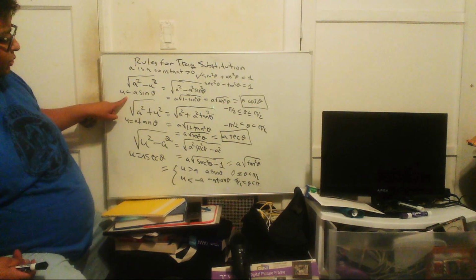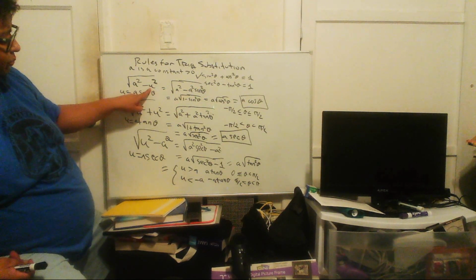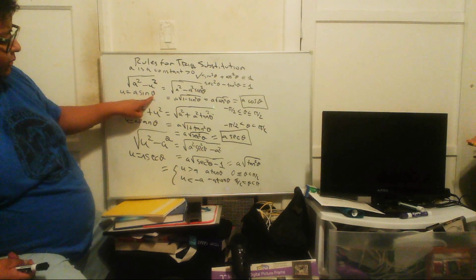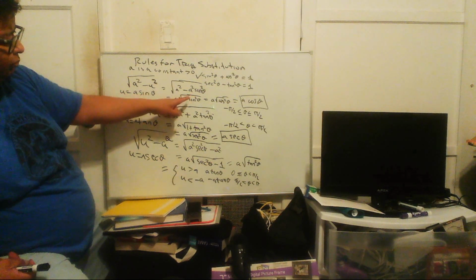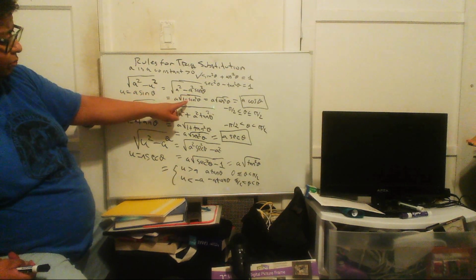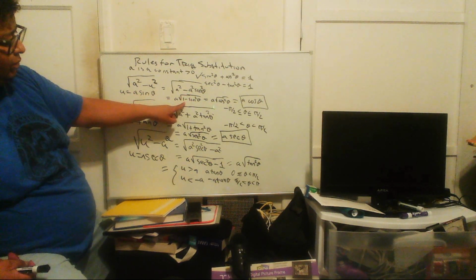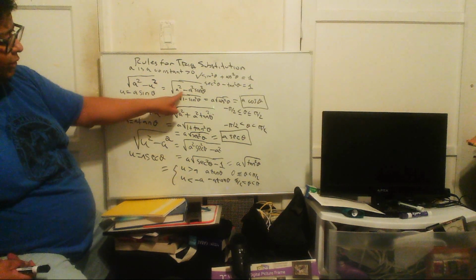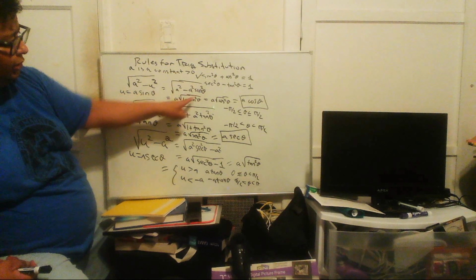So what you do is you let u equal a sine theta, then you plug it in for u, then you get a squared minus a squared sine squared theta.